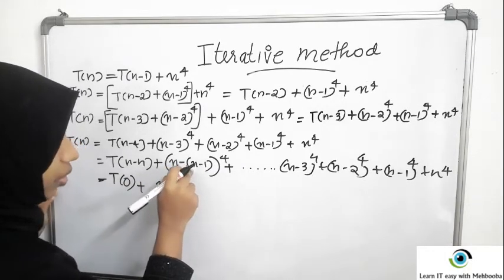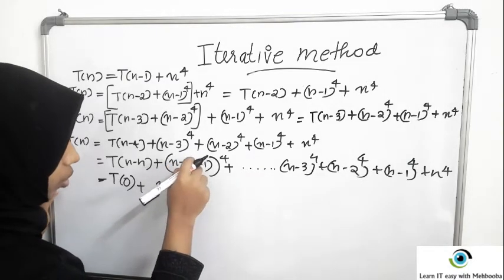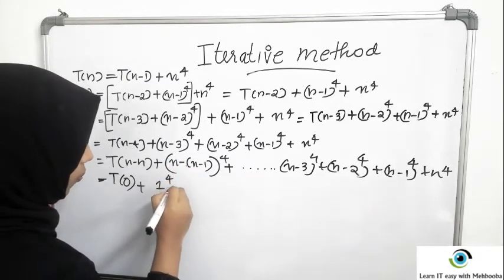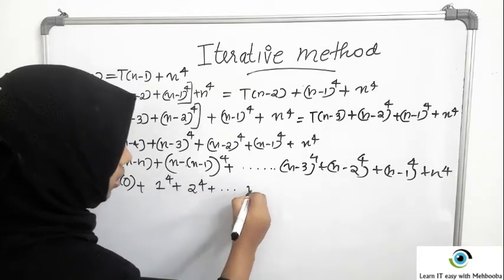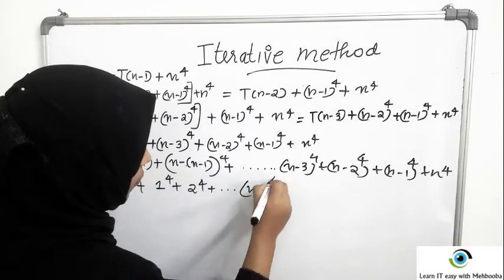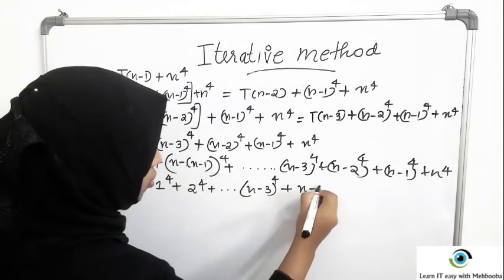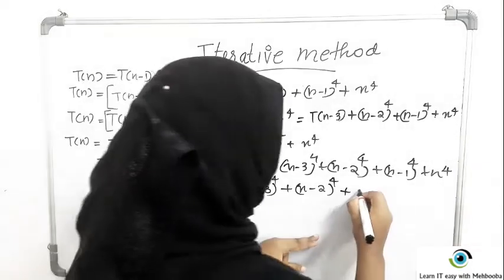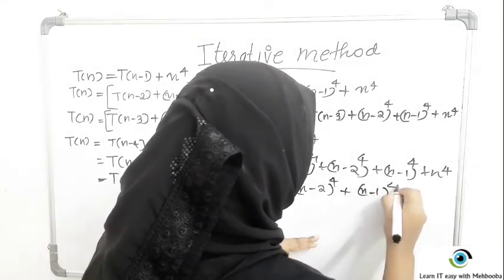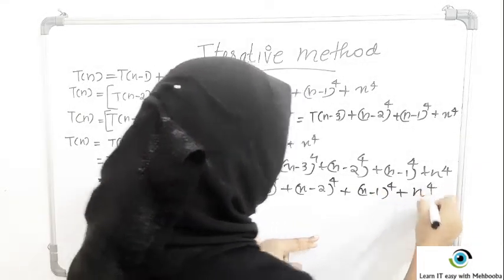Because this n and n will be cancelled, and minus 1 into minus 1 plus 1. So 1 raised to 4 plus 2 raised to 4 plus etc. plus n minus 3 the whole raised to 4 plus n minus 2 the whole raised to 4 plus n minus 1 the whole raised to 4 plus n raised to 4.